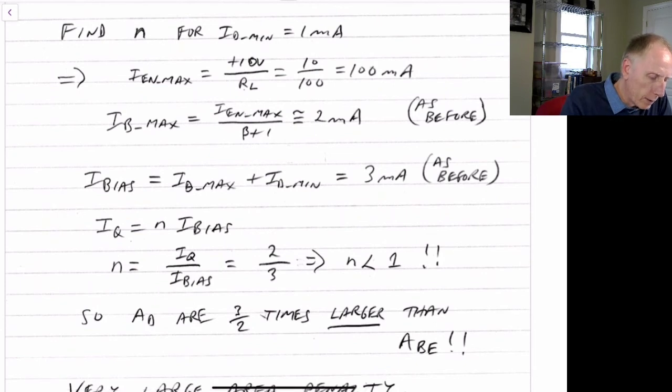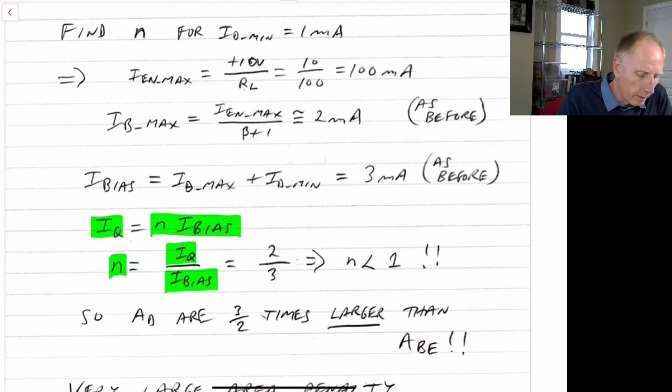But where we do see a change is now we look for the quiescent current, which is N times I bias. So N is equal to the quiescent current, which is 2 milliamps, divided by I bias, which is 3 milliamps. So we've made a quiescent current less than our nominal bias current, and that's equal to 2 over 3. So N is now even less than 1.